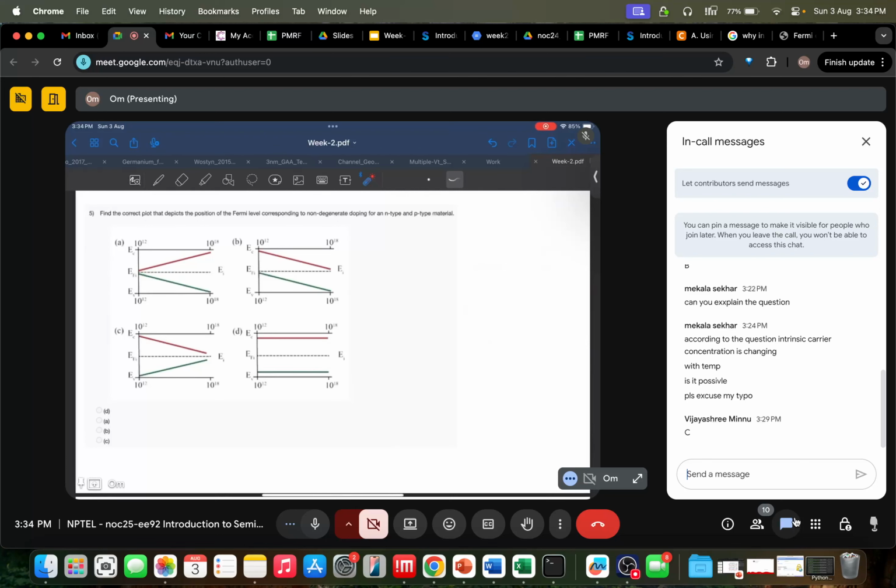Question 5 is: find the correct plot that depicts the position of Fermi level corresponding to non-degenerate doping for N-type and P-type material. Try to solve this.